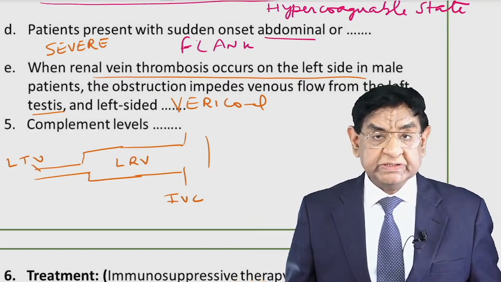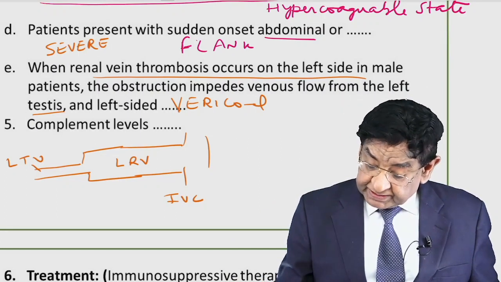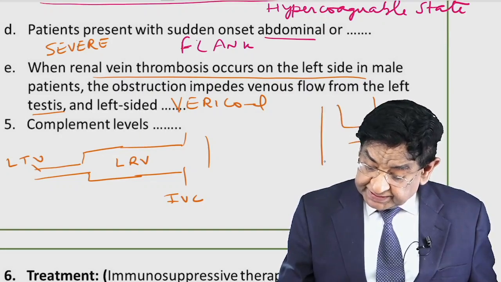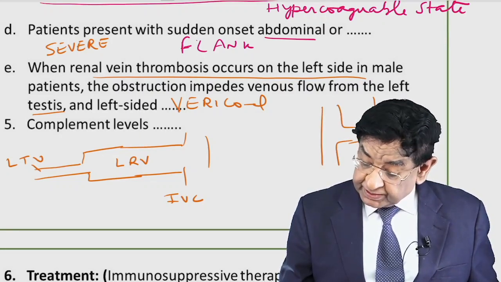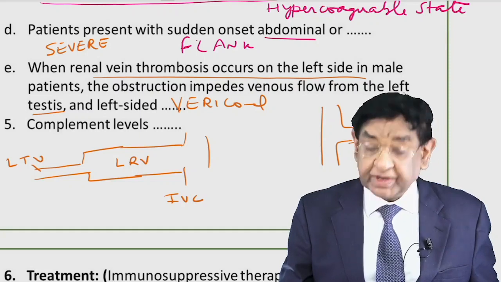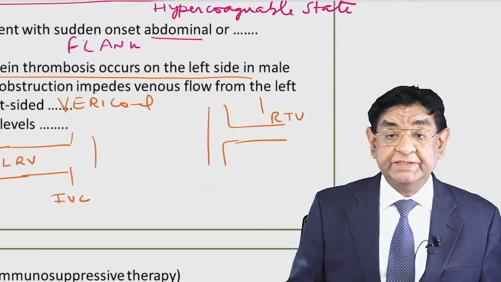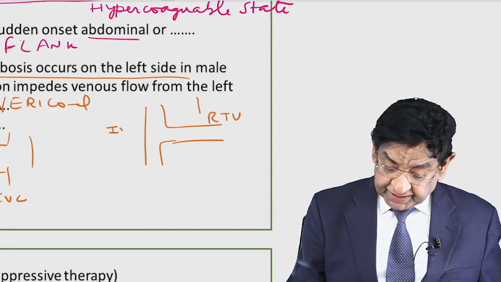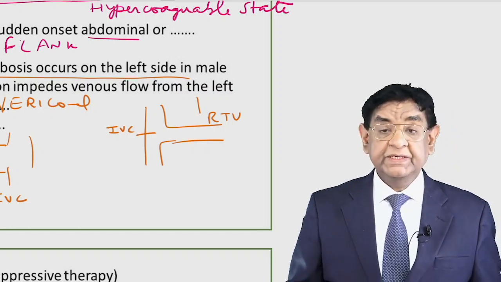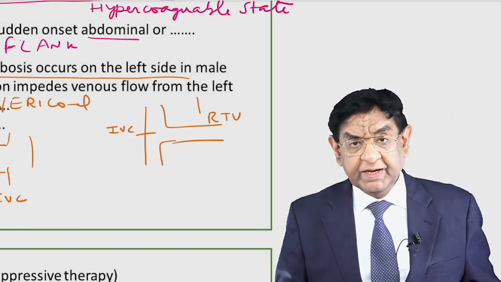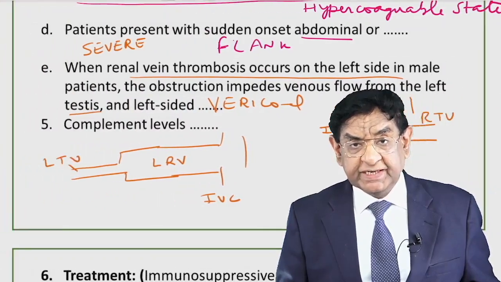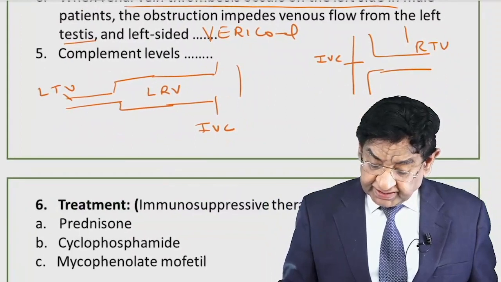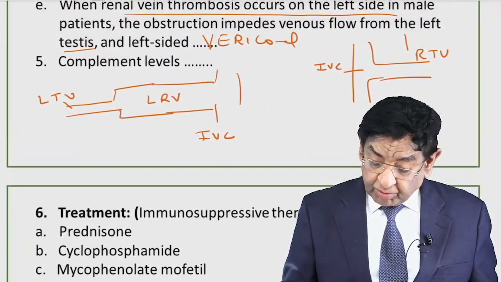But in contrast, on the right side, the right testicular vein drains directly into the inferior vena cava. That's the reason why in nephrotic syndrome, left-sided renal vein thrombosis will lead to left varicocele. Complement levels are normal.